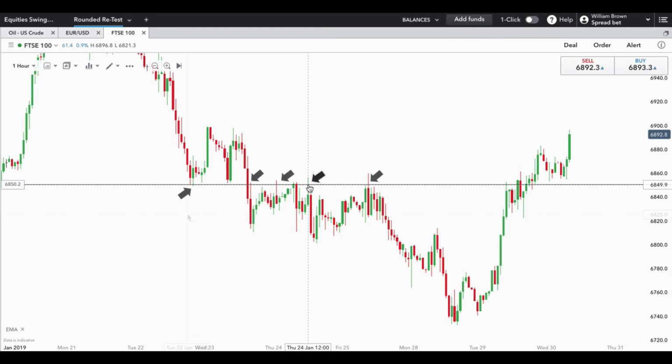Either way, this is another textbook setup for us. Move down, make a low, bounce, break the low, revisit the level, sell off. It was just this area here that will have caused problems if you're the kind of trader who likes to tamper with trades or stare at your trades as they play out. I'm sure this would have maybe had you exiting early, or who knows? This is where the psychology of trading becomes more difficult for the many.